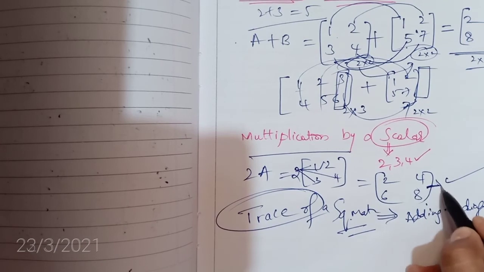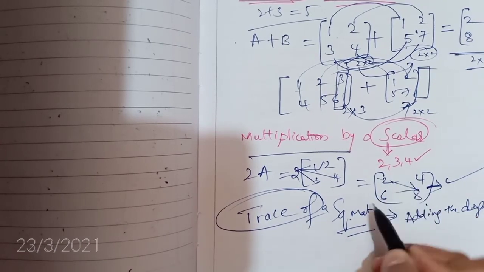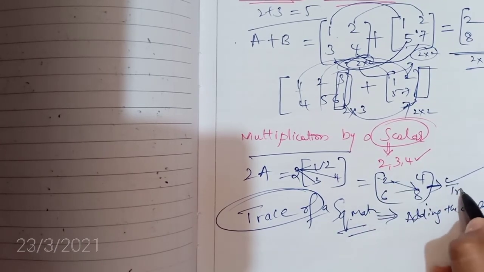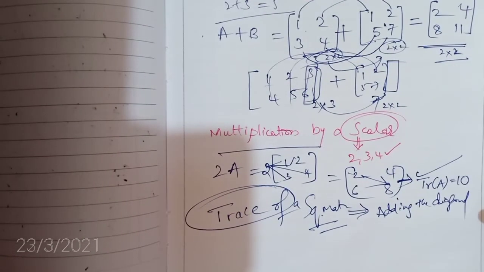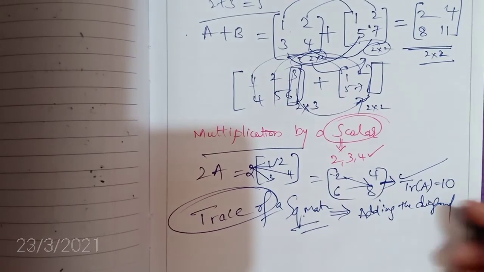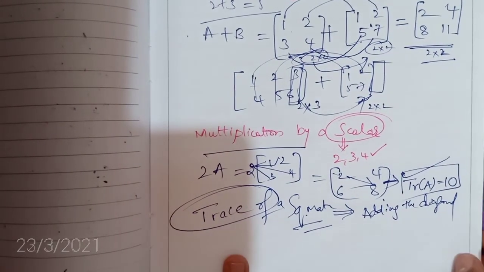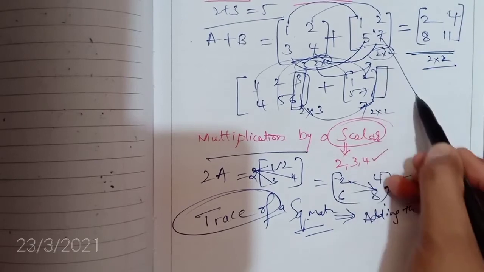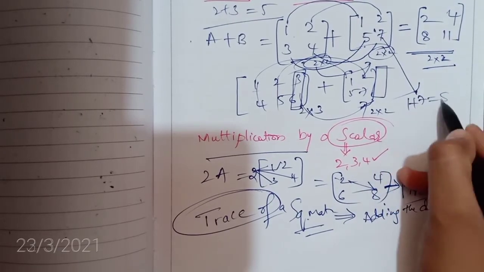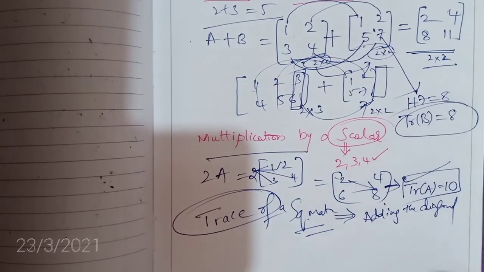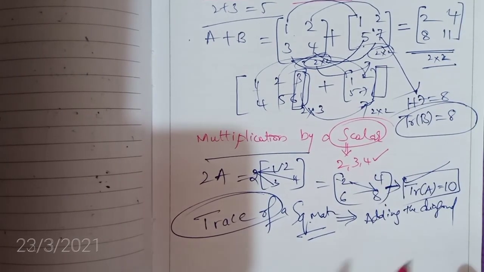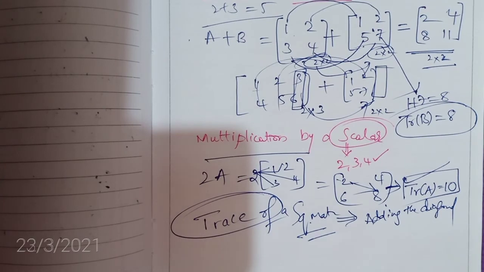Suppose for this matrix, only the diagonal elements, 8 plus 2, is equal to 10. We denote it as TR of A is equal to 10. If I take some other matrix, suppose I take this matrix, then 1 plus 7 is equal to 8. So TR of that particular matrix B is 8. That is known as the trace of a matrix, which is nothing but adding the diagonal elements.